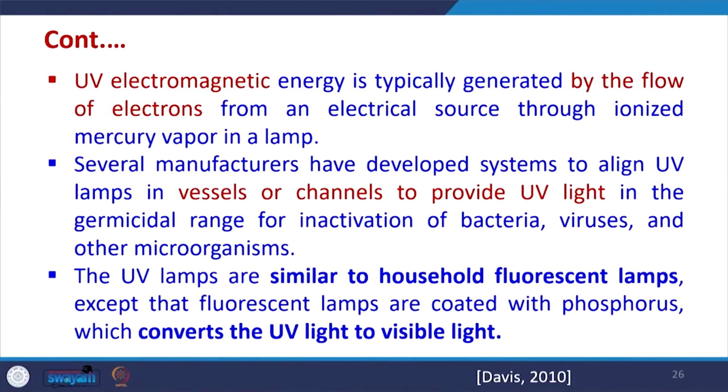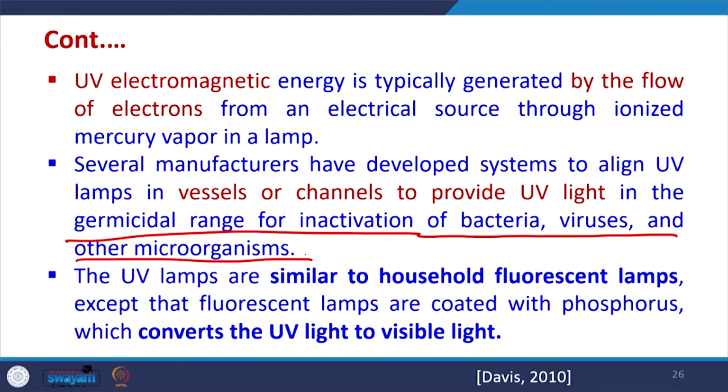UV electromagnetic energy is typically generated by the flow of electrons from an electrical source through ionized mercury vapor in a lamp. Several manufacturers have already developed systems to align UV lamps in vessels or channels to provide UV light in the germicidal range for inactivation of bacteria, viruses and other microorganisms.